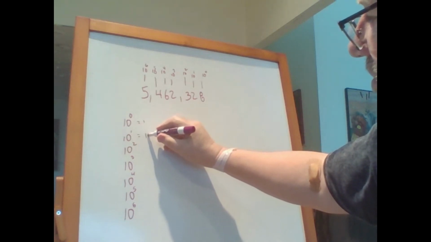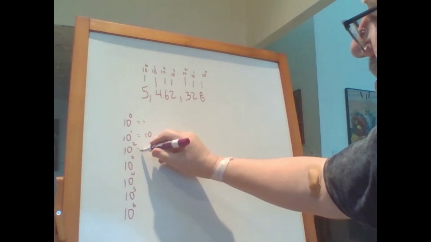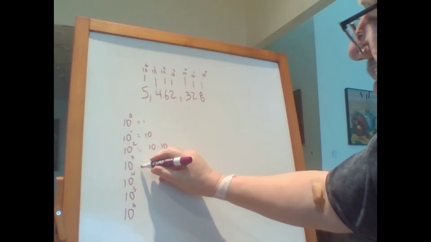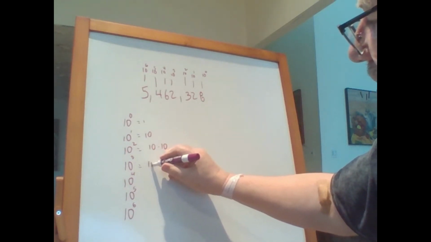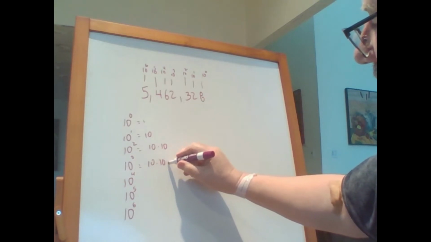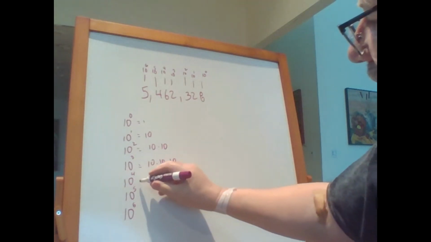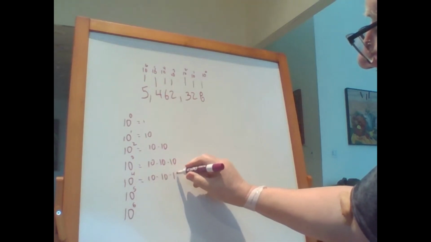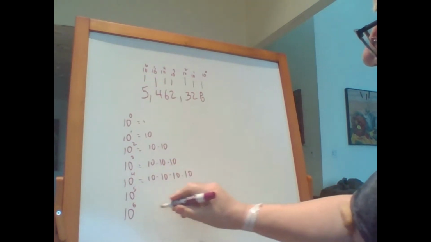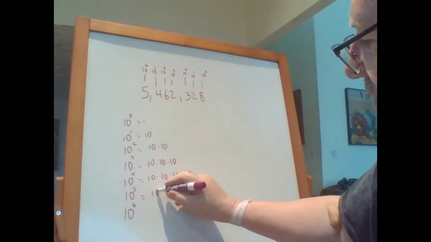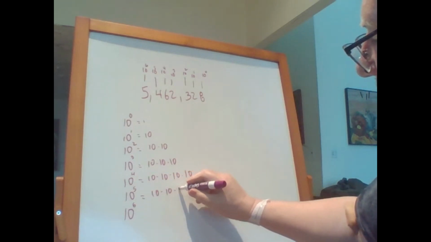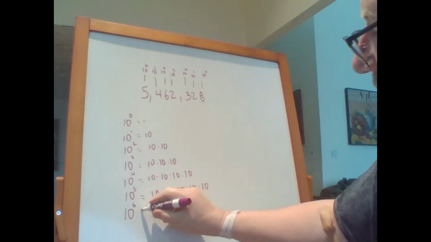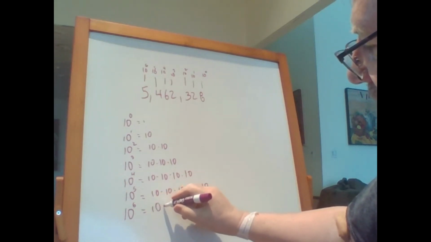This is equal to 10. This is equal to 10 times 10. This is equal to 10 times 10 times 10. And that's equal to 4 tens multiplied. And this one's equal to 5. And this one's equal to 6.